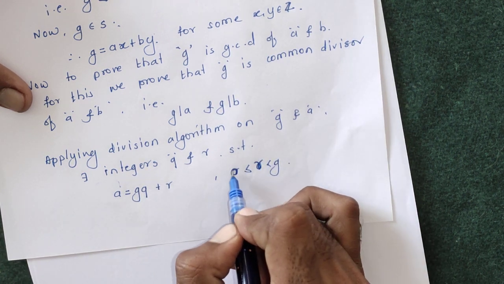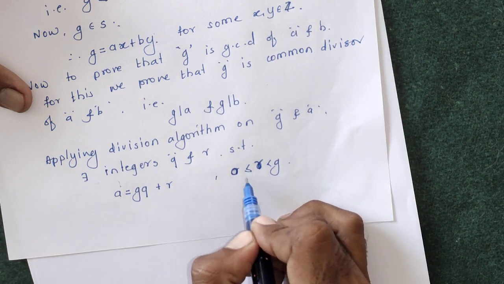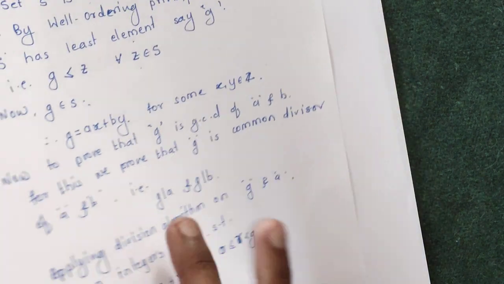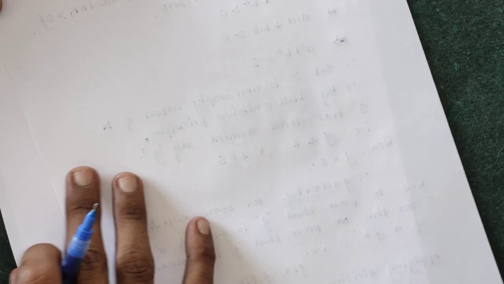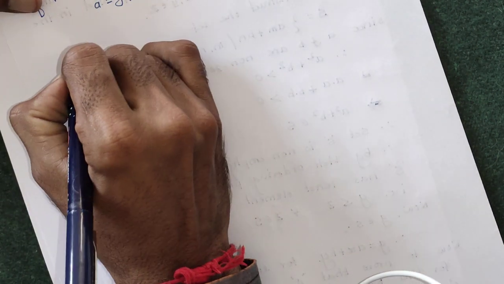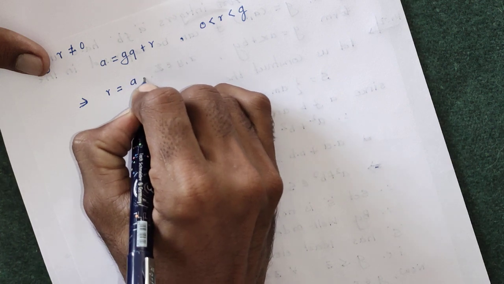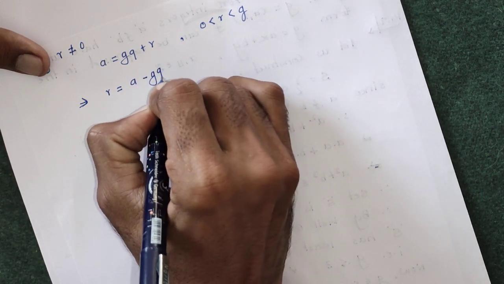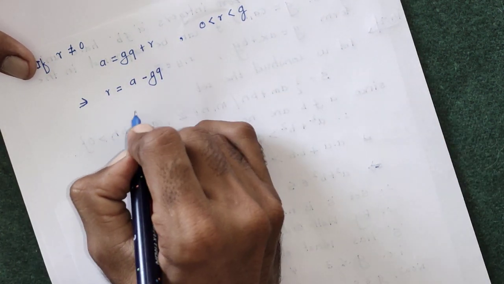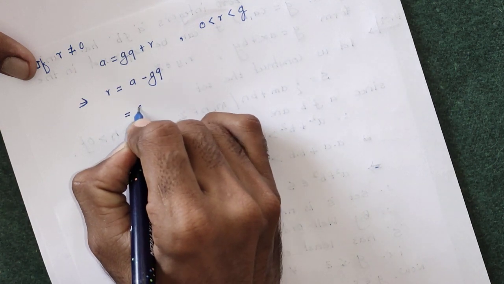If R is non-zero, then this becomes 0 is less than R is less than G. Now rearranging this, we get R is equal to a minus GQ.